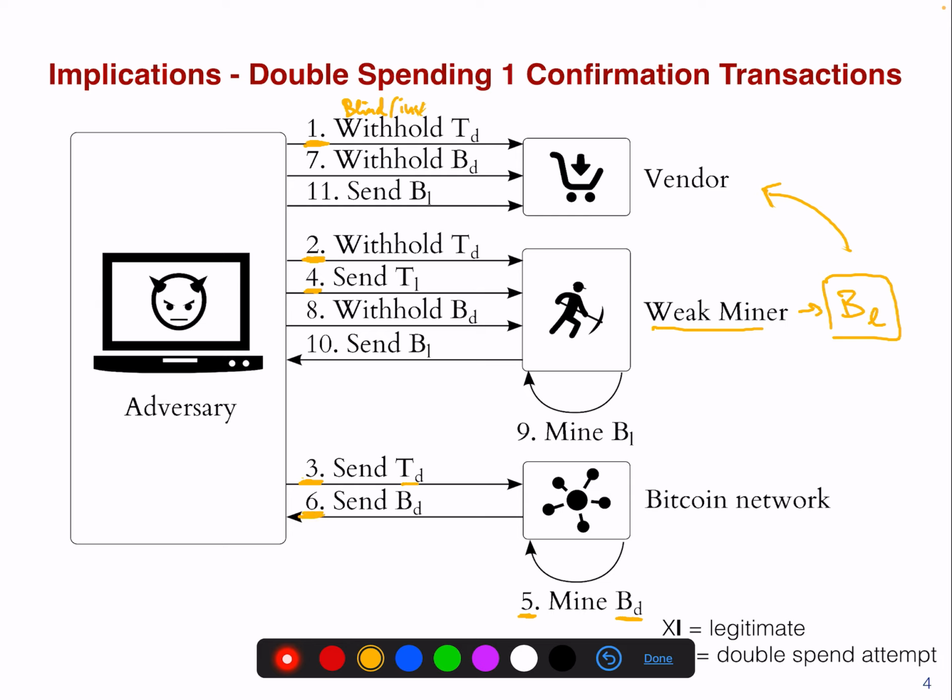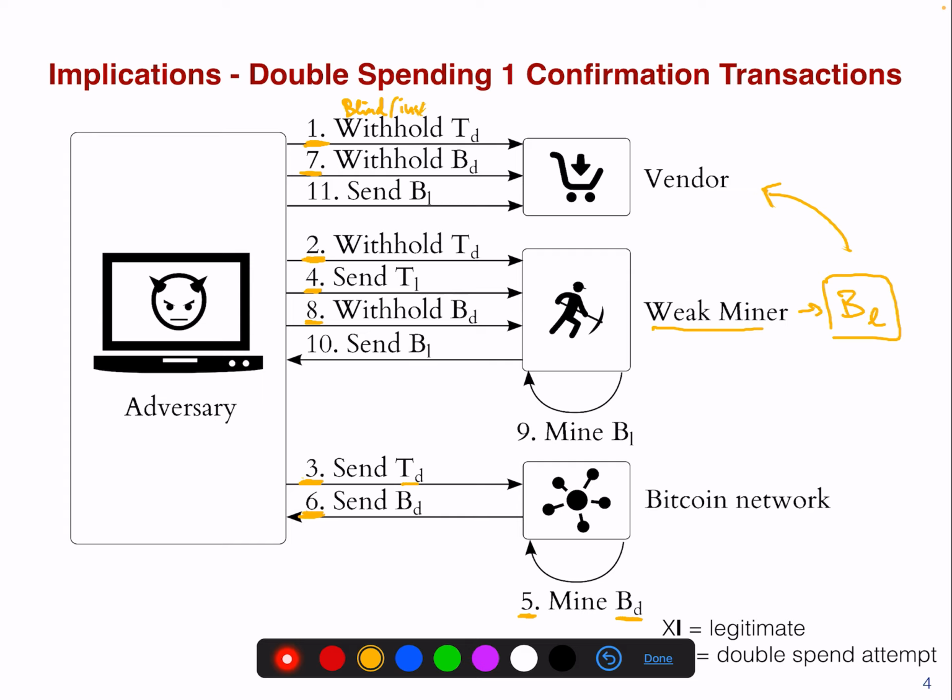Now we have to make sure that the vendor and the weak miner are not made aware of this particular block. So to do so, we send the hash in step 7 to the vendor, and in step 8 we send the hash to the weak miner. So we try to blind the vendor and the weak miner from this block BD.